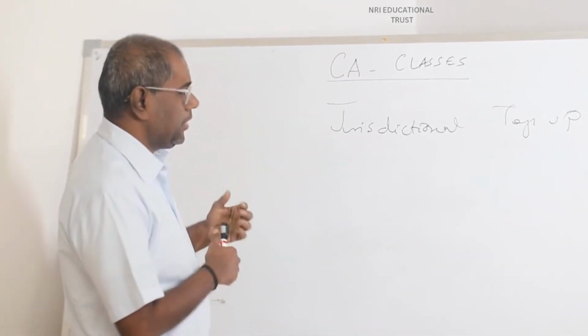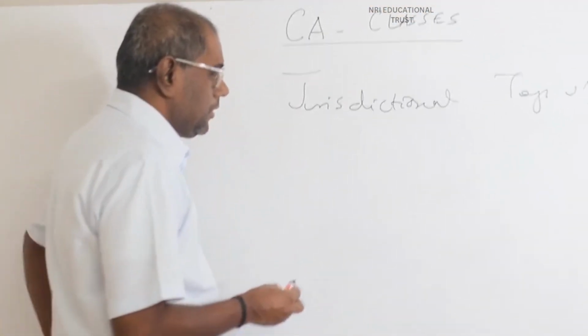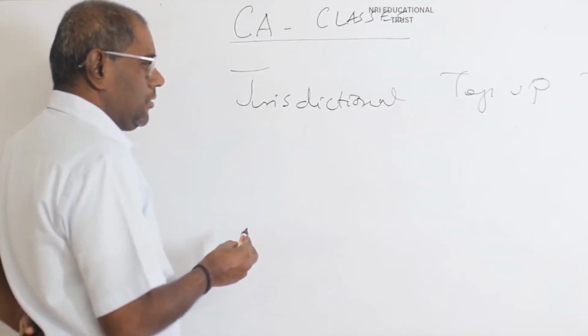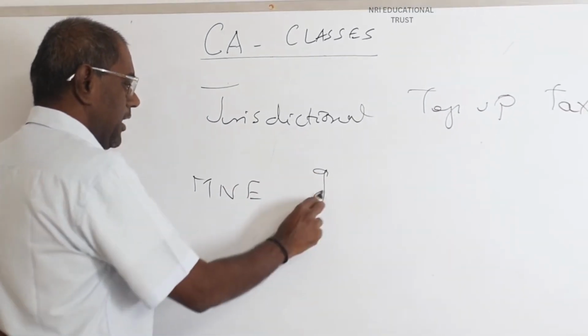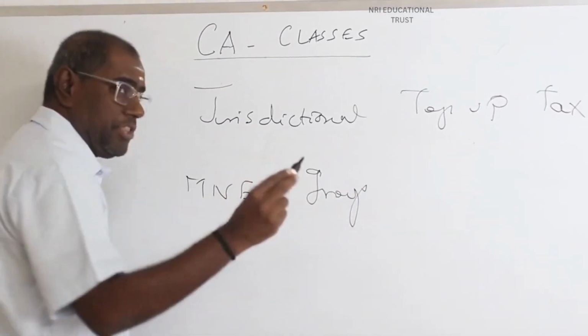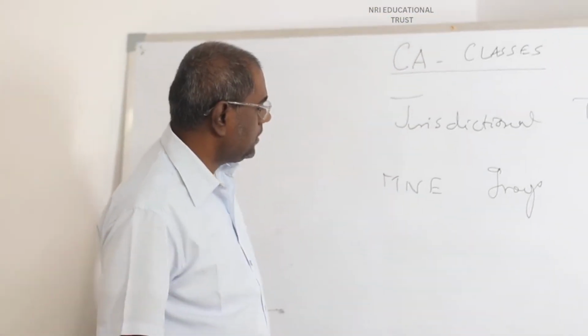So what's happening here is that, let's say, this we all know it is applicable only for an M&E group with a turnover of 750 million euro and above.